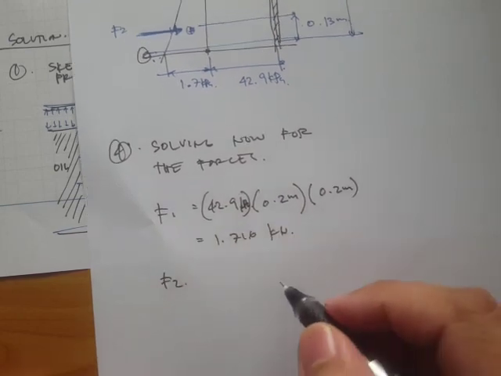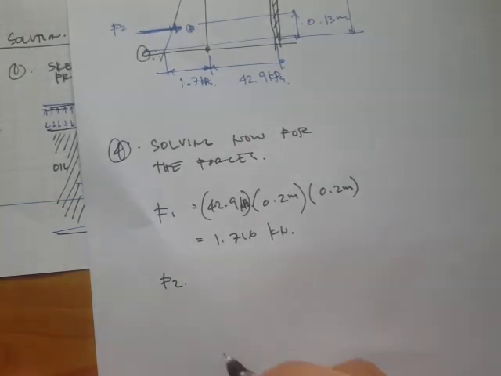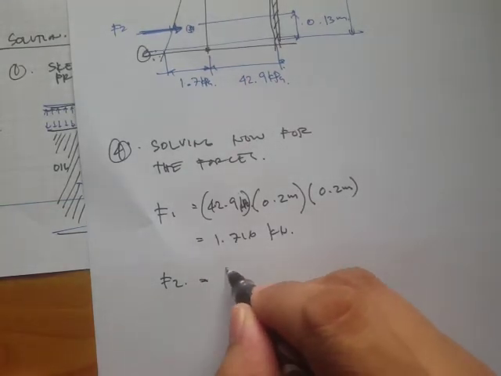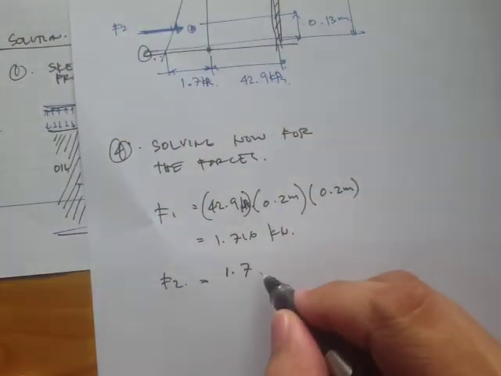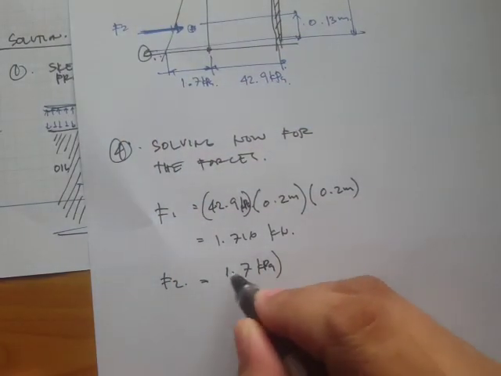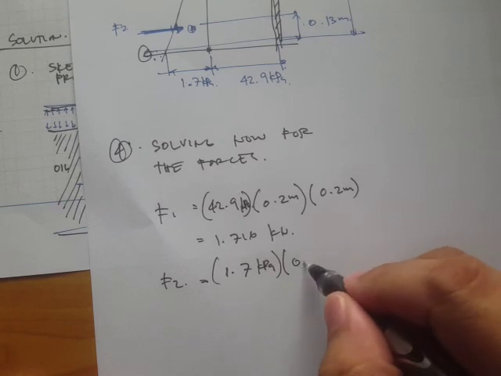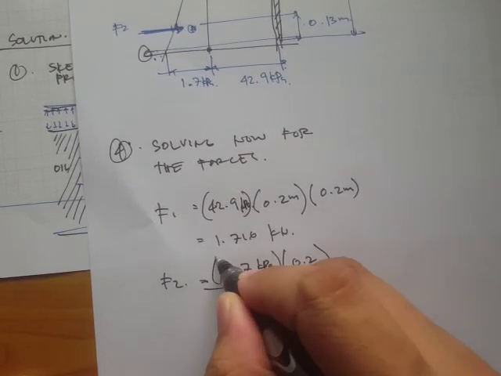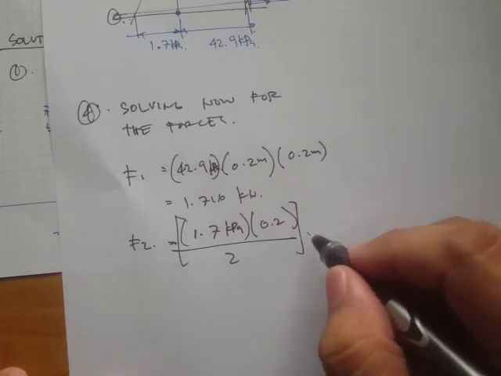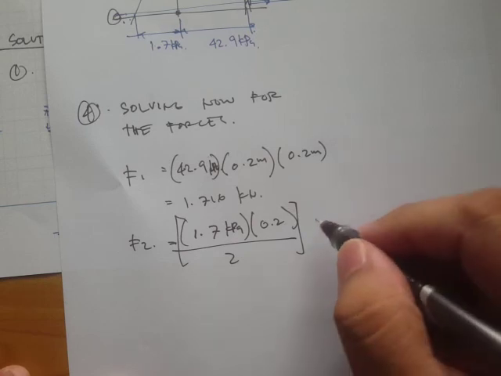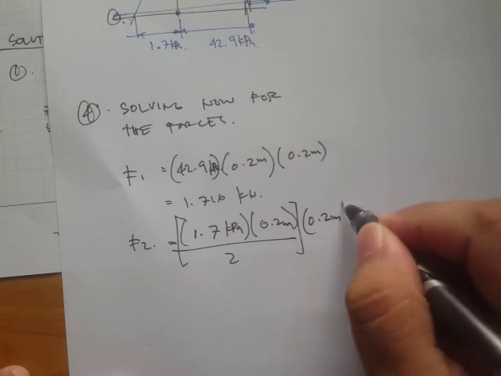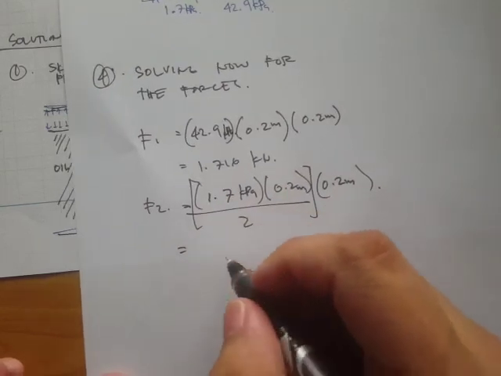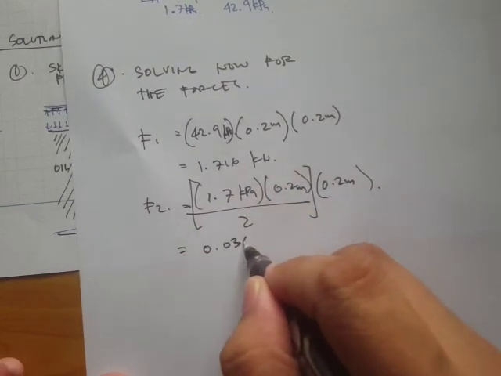Now for the force at prism number 2, that's the triangular portion, 1.7 kPa times the height 0.2 divided by 2, because that's a triangle. Then we need to multiply that by the orthogonal length, times 0.2 meters. And what we get is 0.034 kilonewtons.